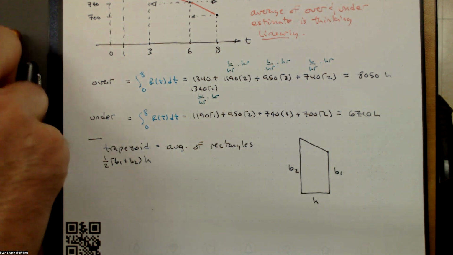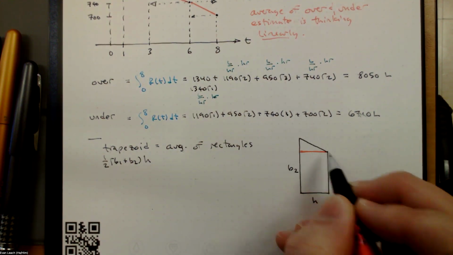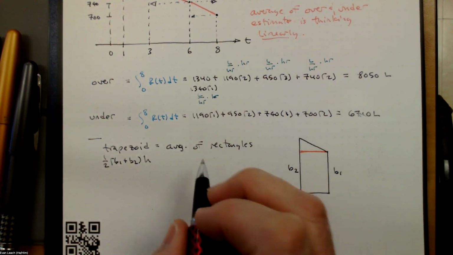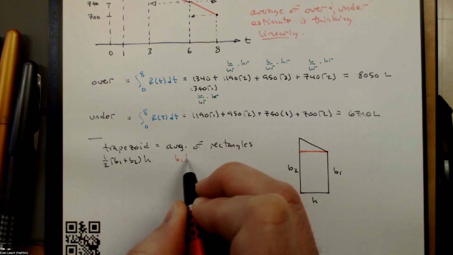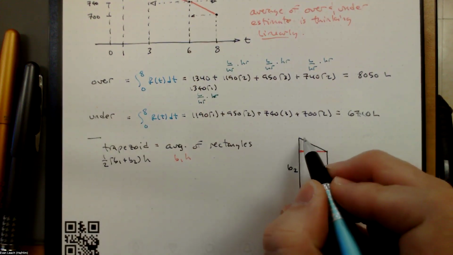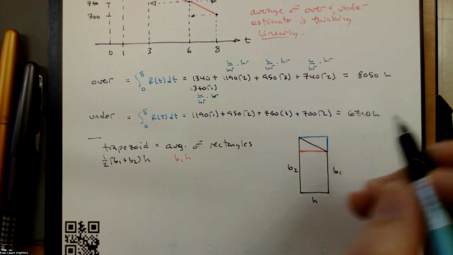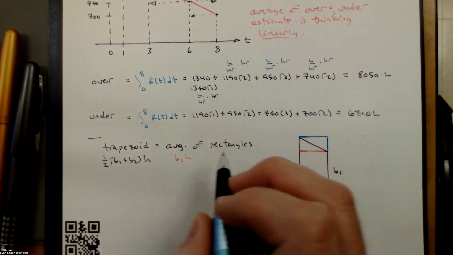And this is the average of two rectangles. One of the rectangles is this smaller one, which is B1 times H. And the other rectangle is this larger one with a width of B2.